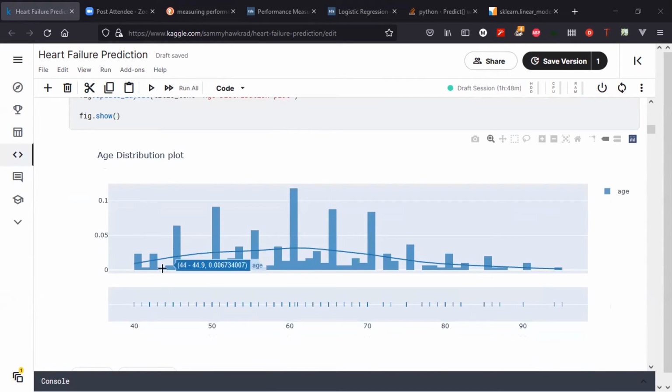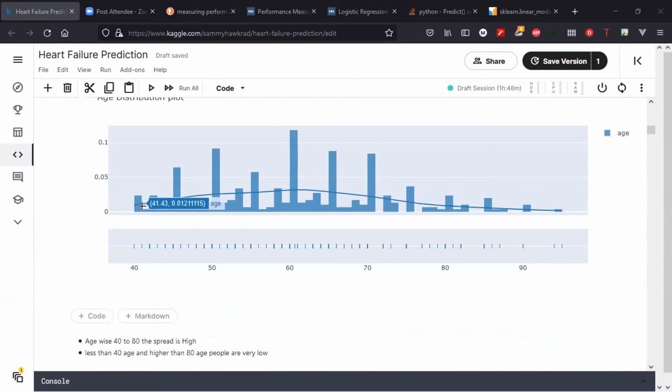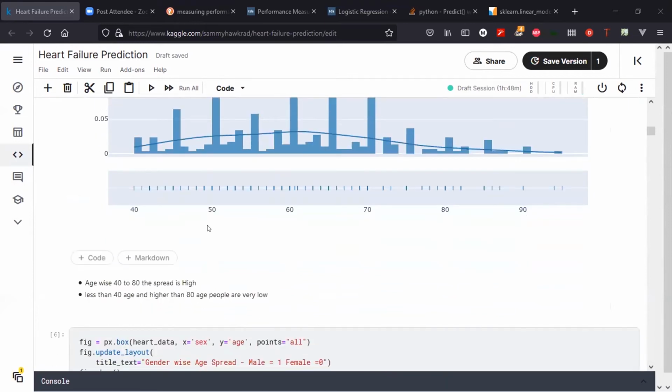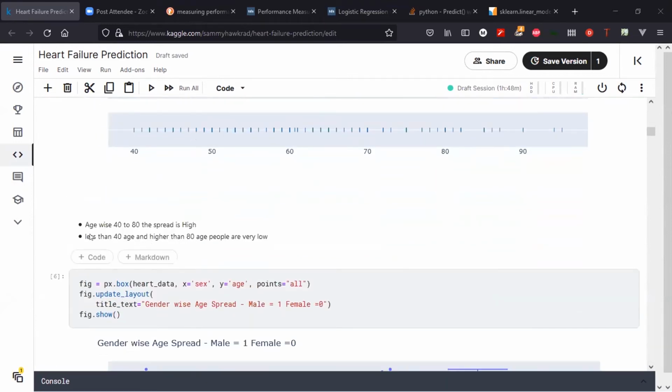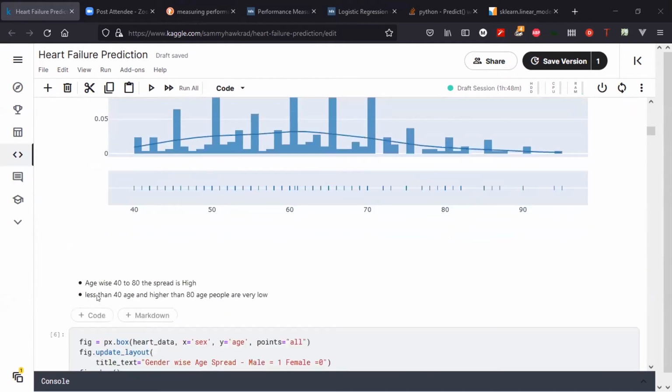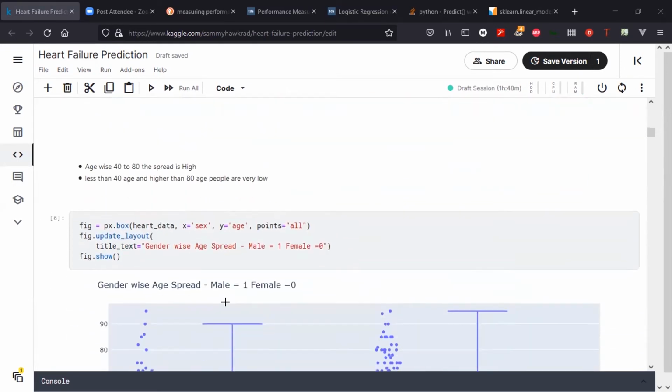And you see that for our patients, we have a lot of people between the ages of 40 and 70 to 80. That's the main age range. We have fewer people under 40 and also fewer people older than 80.